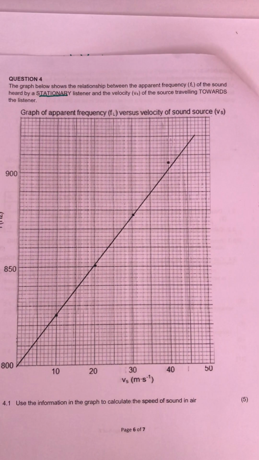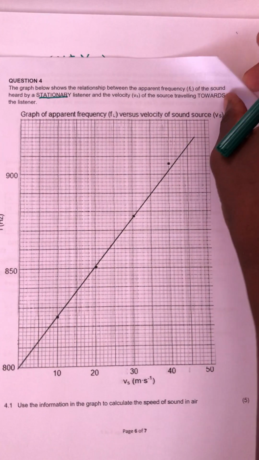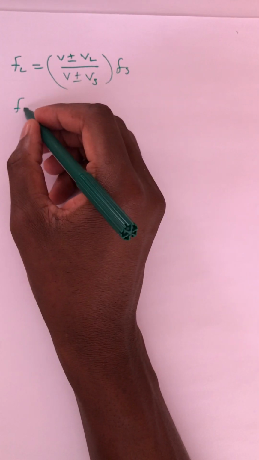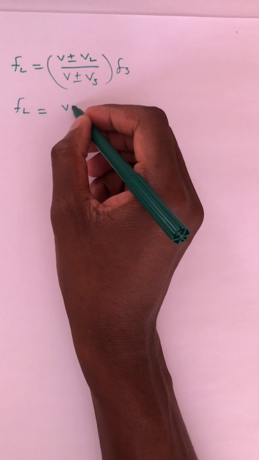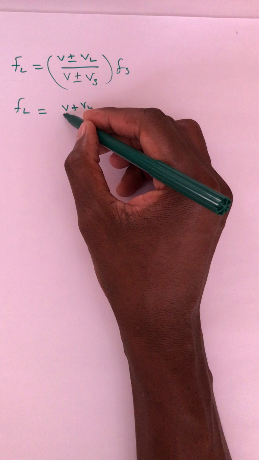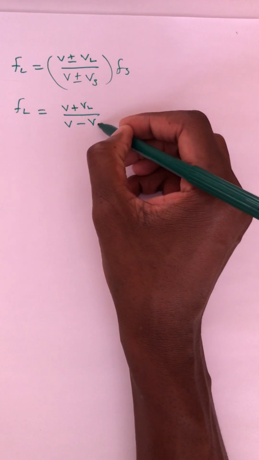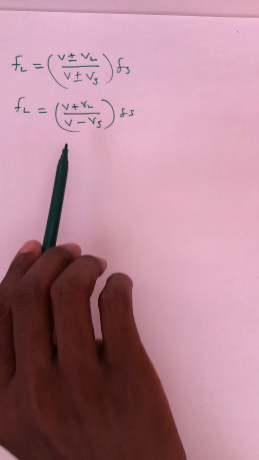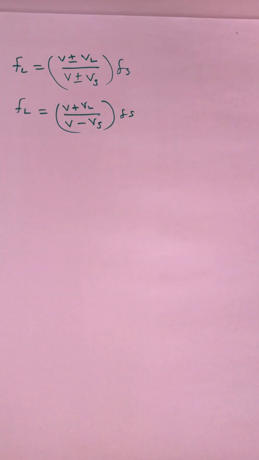If the source is moving away from the listener, the frequency of the source will be greater than the frequency of the listener. But since this one is moving towards, our formula will be like this: towards is plus or positive up, and then negative down. So this is the formula for moving towards the listener.